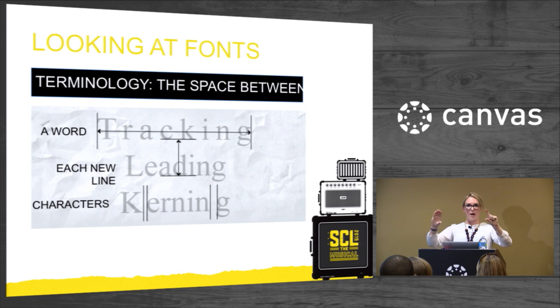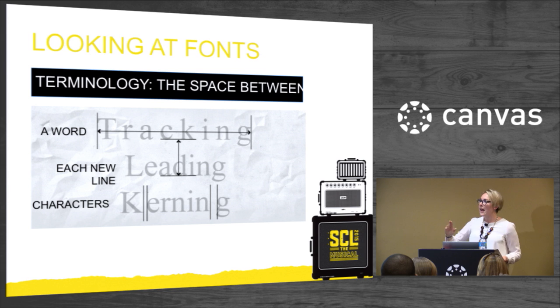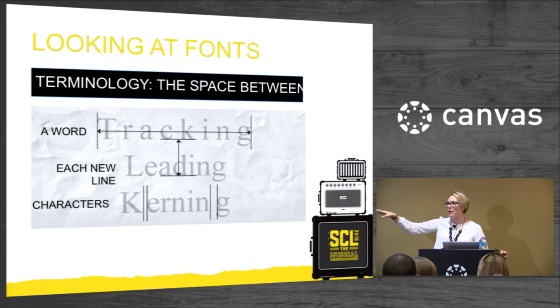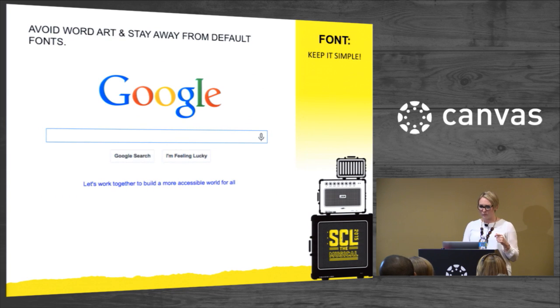You can spread out the bottom subheader so it matches the same width of your other one. Leading is the space between lines, and kerning is the space between individual characters, okay? It's important to know about these because you have the power to change them in most of the tools that you already have.